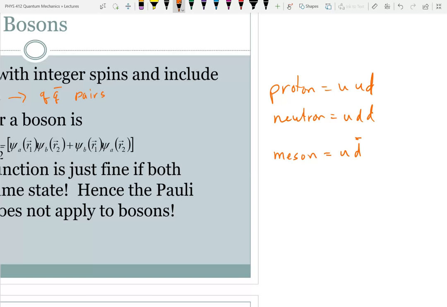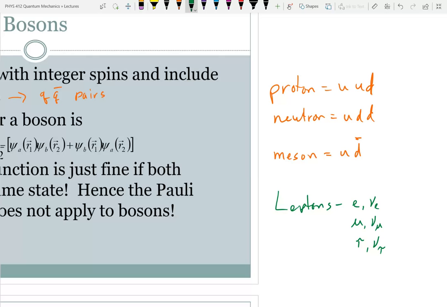So mesons are intermediate in mass because they have one less quark than the baryons, which are the heavy particles. Protons and neutrons are baryons. And then you have leptons, which are a completely different category. Leptons are electrons, muons, and taus.